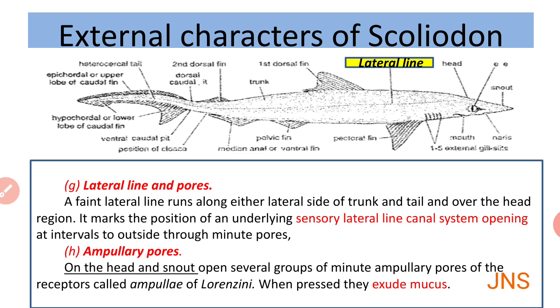Then ampullary pores: on the head and snout region, several groups of minute ampullary pores open, of the receptors called ampullae of Lorenzini, and when we press these small ampullary pores, some type of mucus is exuded from these pores.